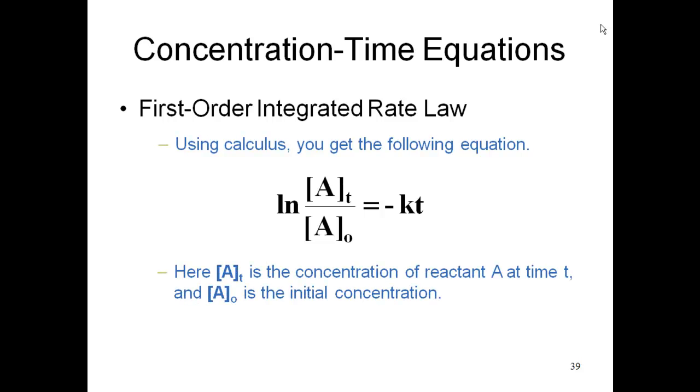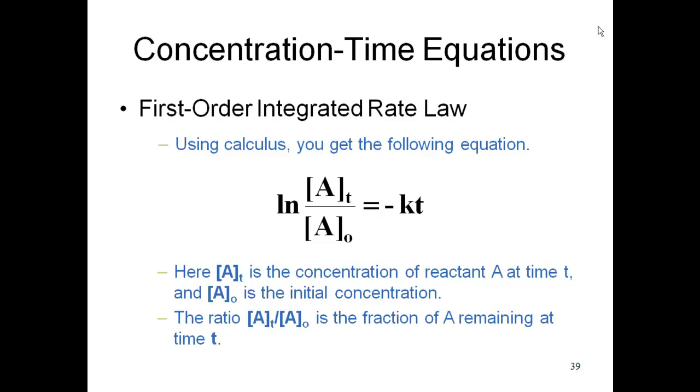The concentration of A subscript t is the concentration of reactant A at time t. Concentration of A at subscript 0 is your initial concentration. The ratio of concentration at time t to time initial is the fraction of A remaining at time t.